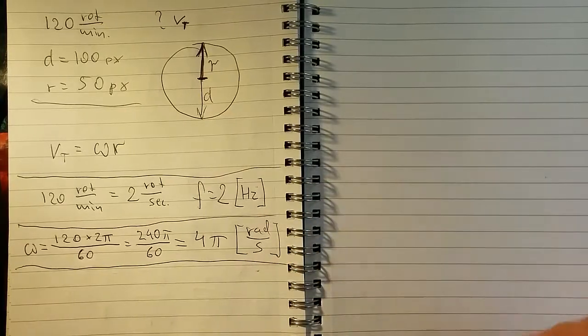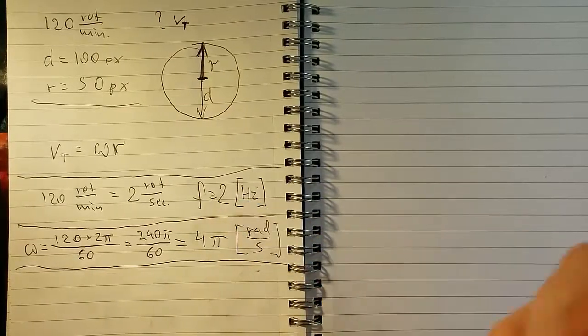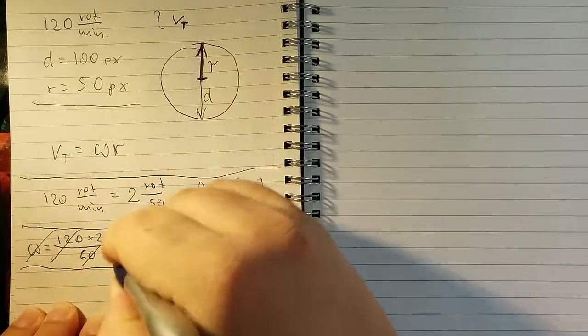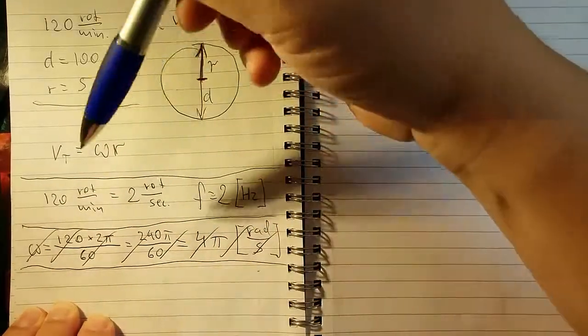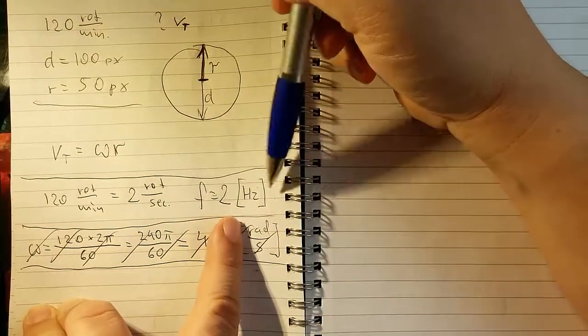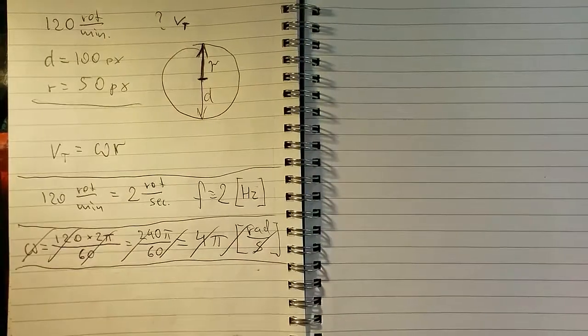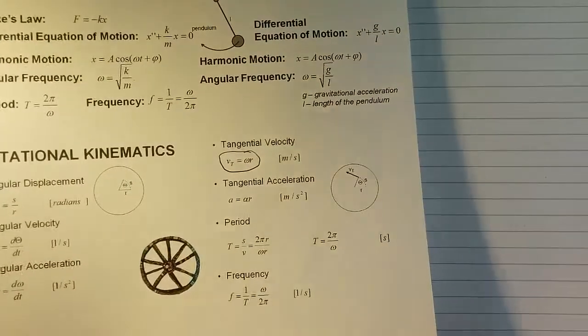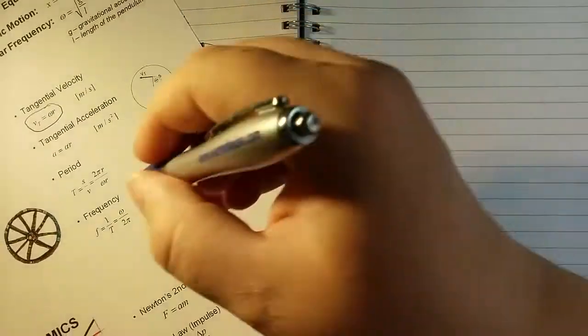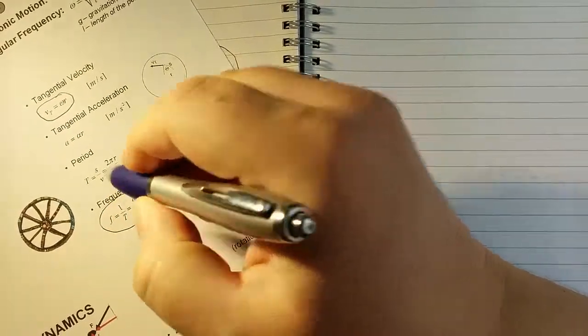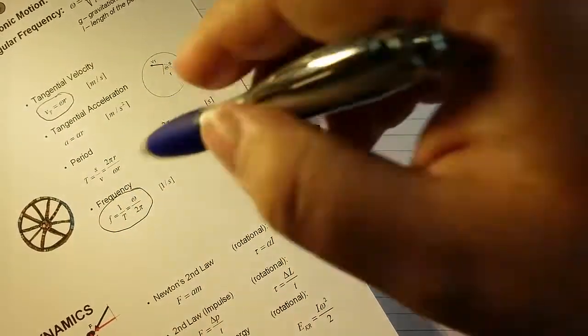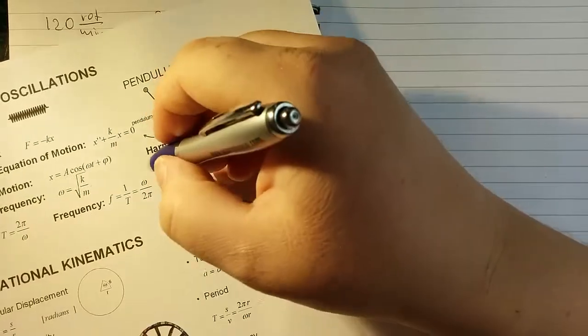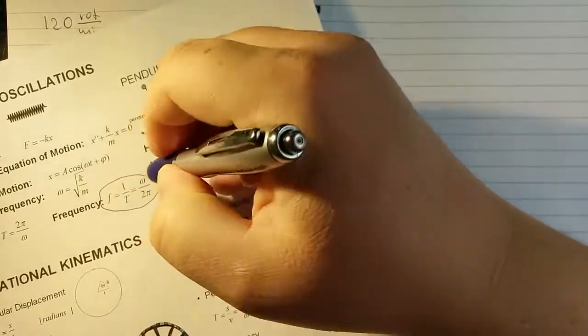What if you just know the frequency and imagine that we haven't done this calculation? Simply we know that the frequency of this wheel is 2 Hz. From the definitional formula for frequency, which is here, please note that this is exactly the same formula that you can use for springs and pendula.